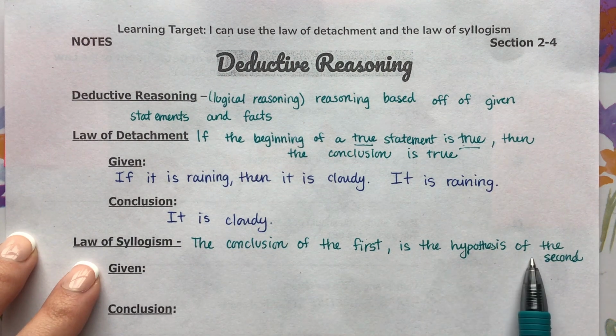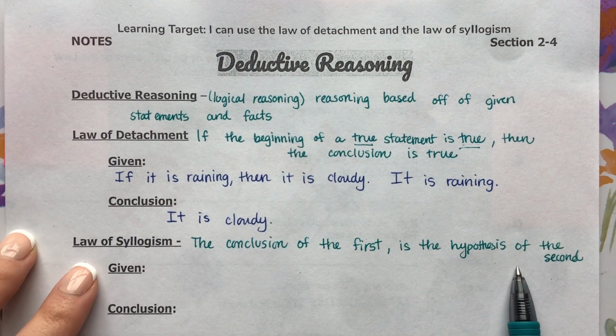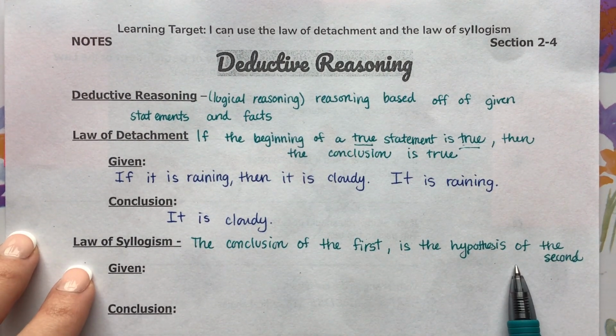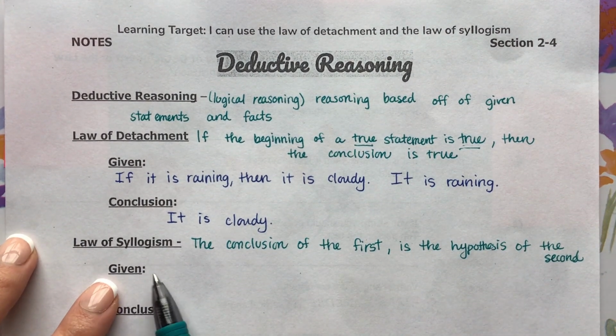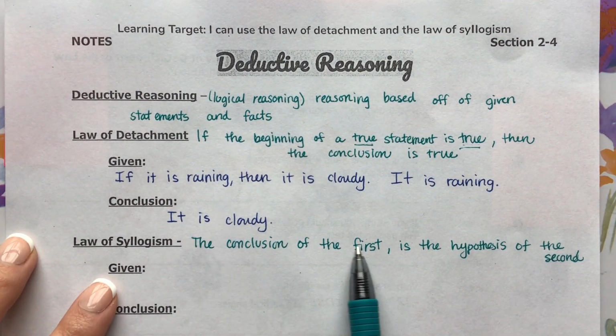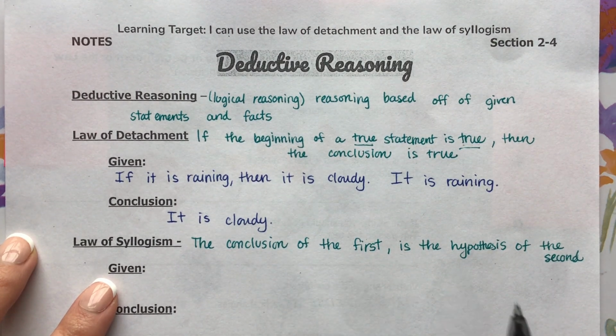Now, I know this is kind of a short and abridged definition, but I just want to boil it down to its bare bones. So let's look at an example, and then I think you'll see what I mean by the conclusion of the first being the hypothesis of the second.